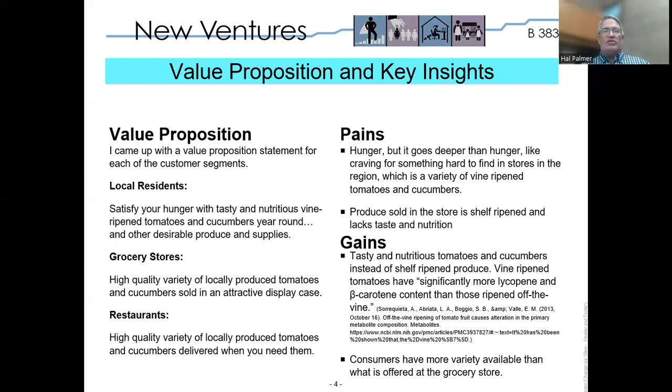And I had a question: is it no more nutritious than the product you have in the store? But that's not true according to what I have found. Tomatoes have significantly more lycopene and beta carotene content than those ripened off of the vine.